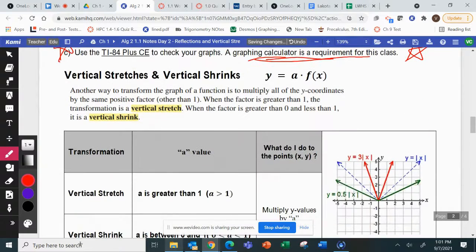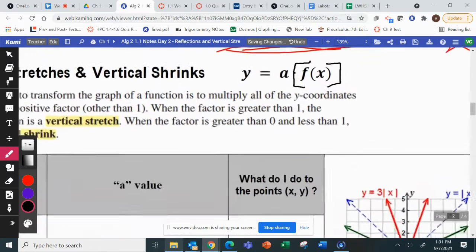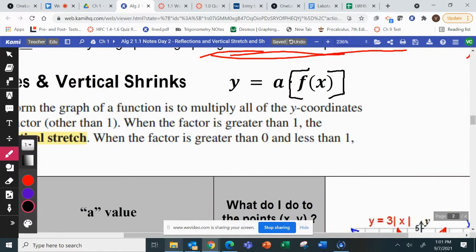All right. We talked about reflections and then we talked about stretches and shrinks. Remember, I pulled on your arms vertically or I pushed them down vertically. So those are the stretches and shrinks, the vertical stretches or shrinks. Here's an equation and it has a times symbol. I'm just going to make it a bracket because that would mean times as well. So y equals a multiplied by a function. So a is going to be that factor that stretches or shrinks the graph.